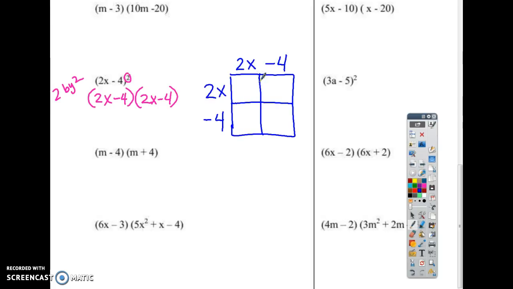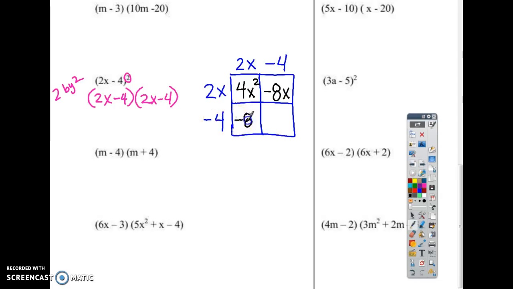Okay, and then you start multiplying in. What's 2 times 2? 4. X times x? X squared. Okay, what's 2 times negative 4? Negative 8. How many x's do I have? 1. 2 times 4?